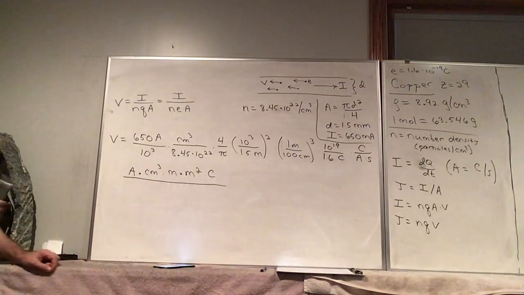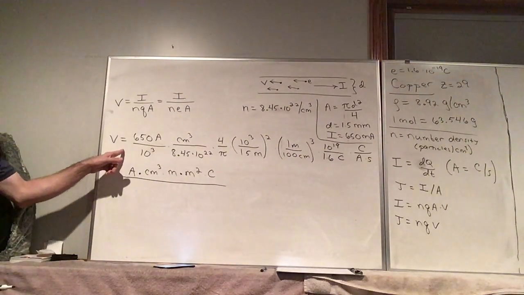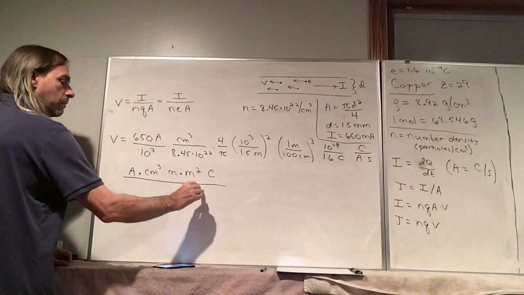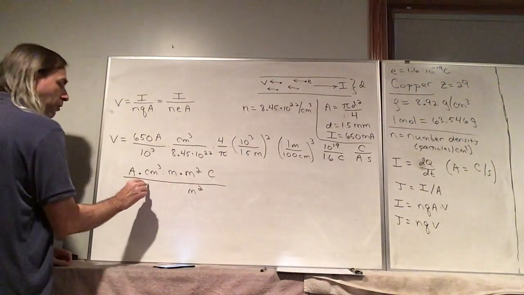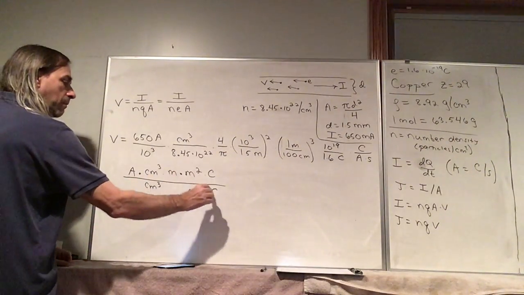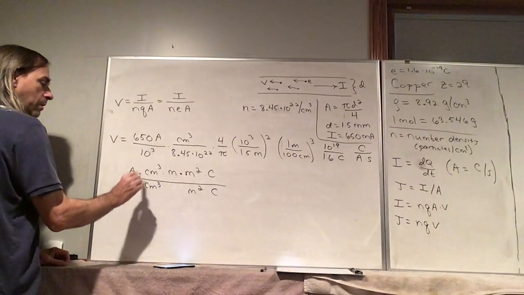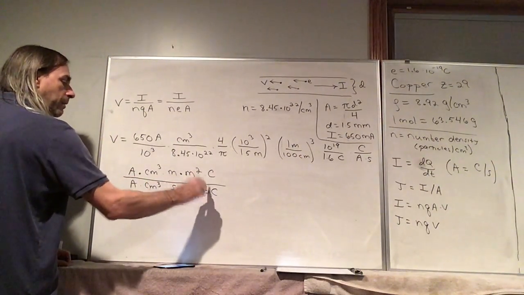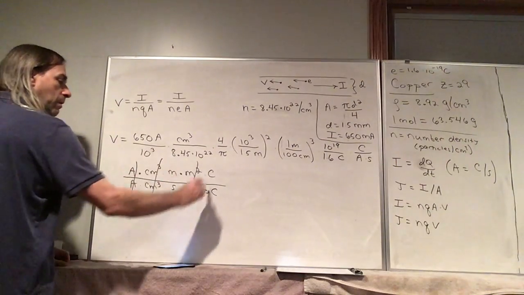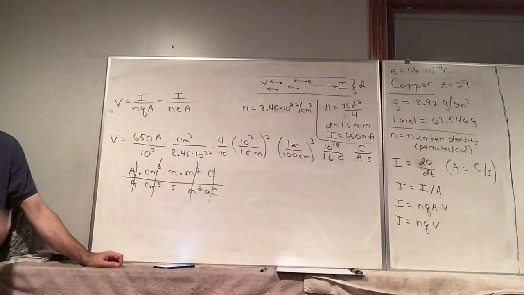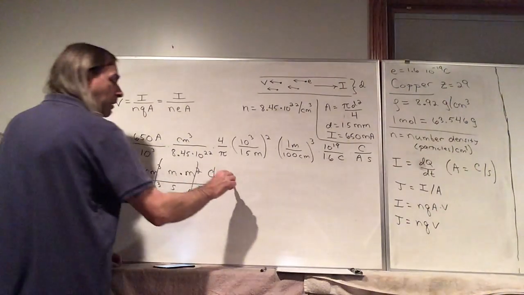That's all we've got on top. And then on bottom, we have meters squared, centimeters cubed, coulombs, amps, and seconds, which I'll just write down here. So now we're getting our velocity in meters per second. So the units worked out.